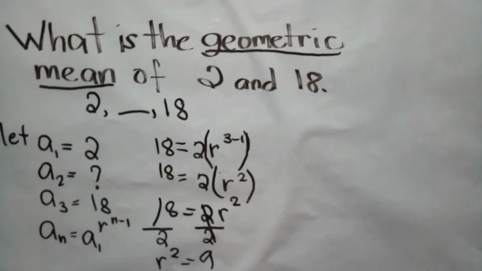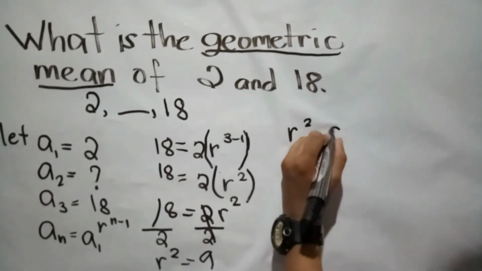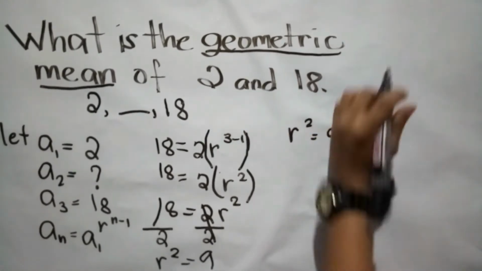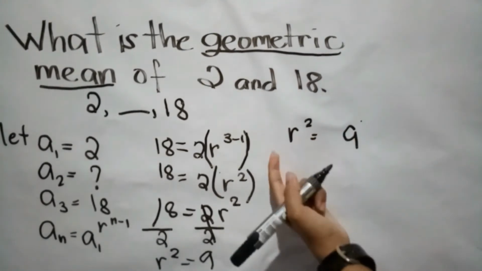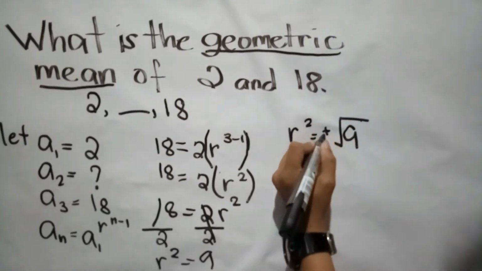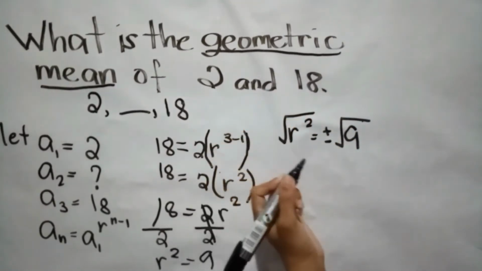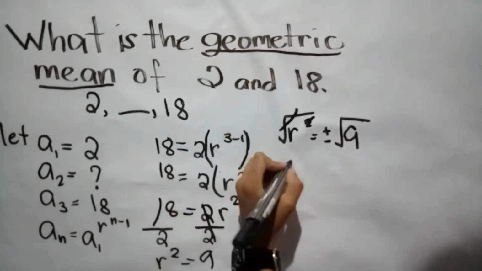As you can see, the common ratio here is in square form, so we need to extract the square root to find the common ratio. By extracting the square root, we get positive and negative. The square root of r squared is equal to r.